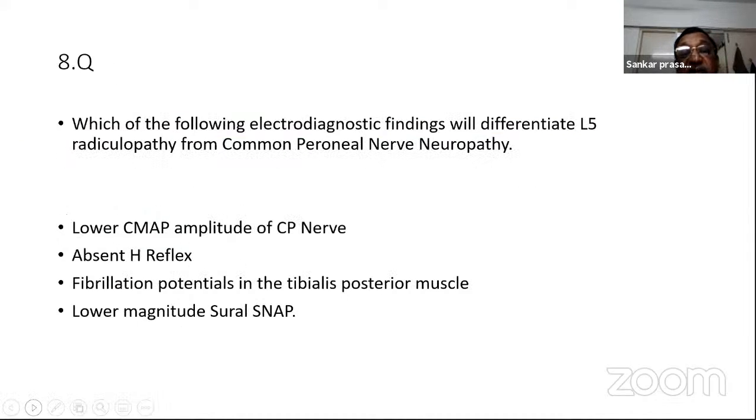Right. Which of the following electrodiagnostic findings will differentiate L5 radiculopathy from common peroneal neuropathy? Low CMAP amplitude of the common peroneal nerve, absent H reflex, fibrillation potentials in the tibialis posterior muscle, or lower amplitude of a sural SNAP.